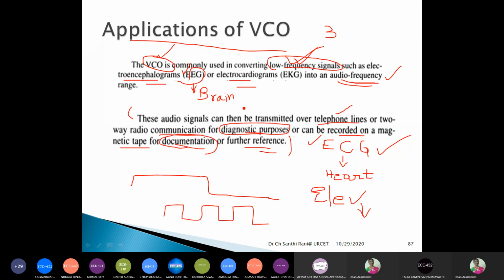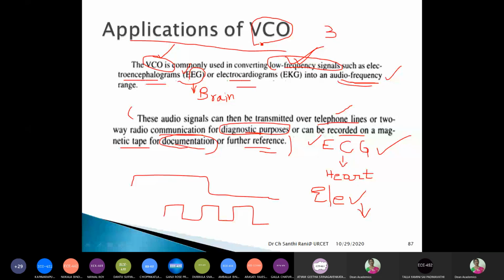The outputs of ECG and EEG are of very low frequency and very, very low voltage. So these will be converted into the audio frequency range for diagnostic purpose. For such applications, the voltage controlled oscillator is used.